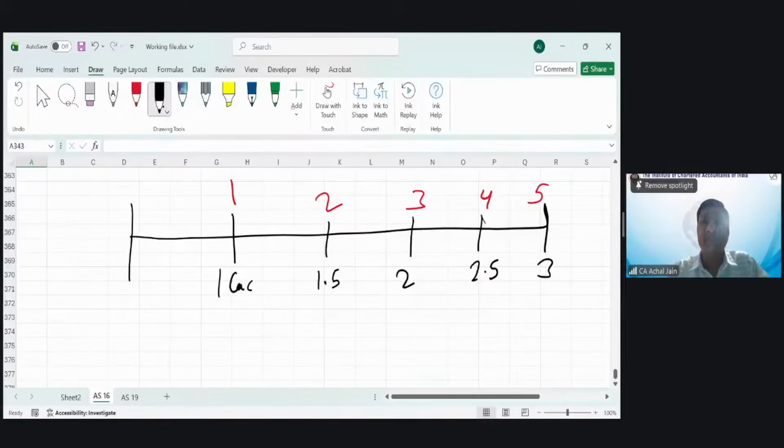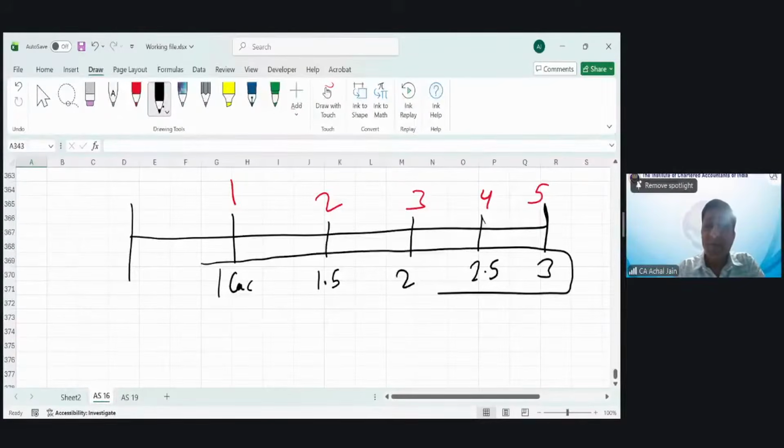So each year, rent is increasing by 50,000. In this case, what should you do? You should take the total of these 5 years and average it out.